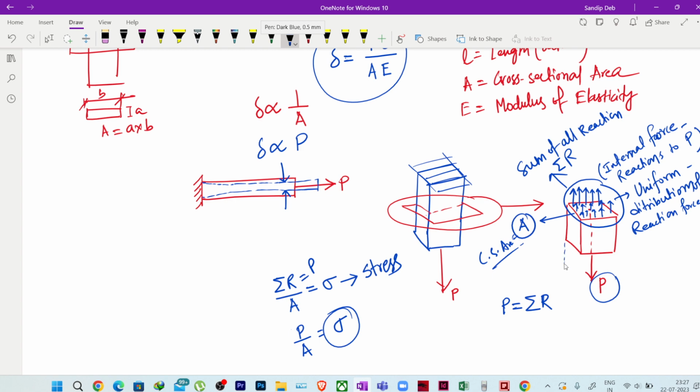Now what we have seen is that due to the applied load, some elongation is also happening. Okay, some elongation is also happening.